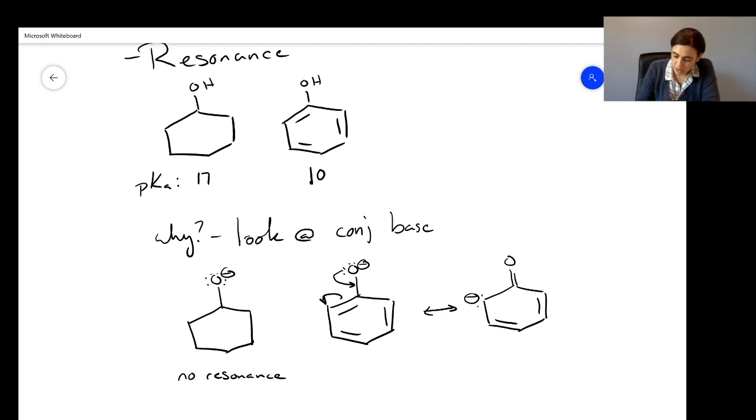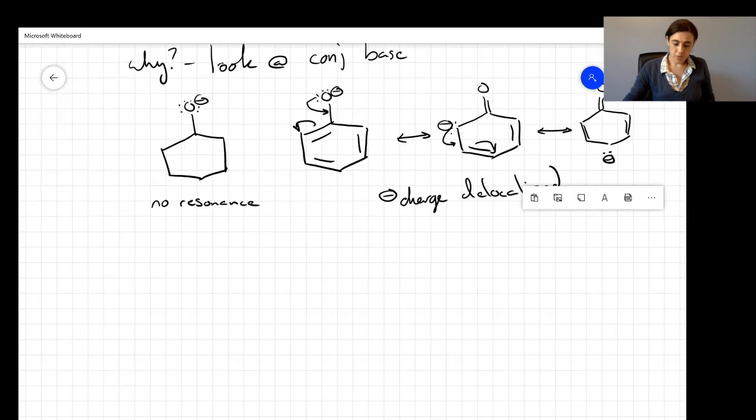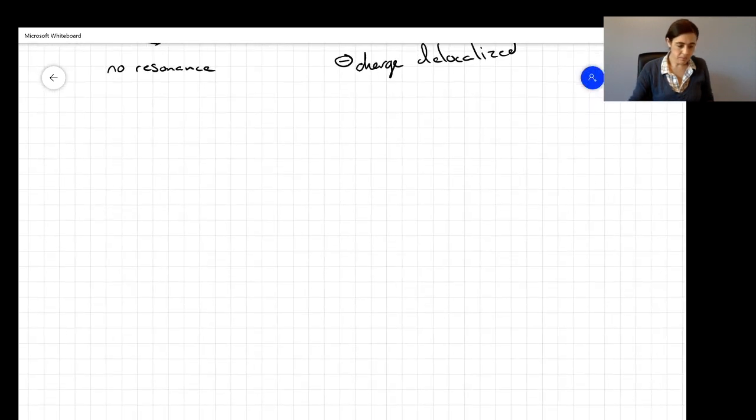So we can continue pushing this around. It's going to share the electron density of that negative charge across the ring system. So the negative charge is delocalized. And therefore, this is better able to handle the negative charge, and it doesn't need the proton as much. Right? So resonance is one way in which we can affect the pKa of an alcohol.